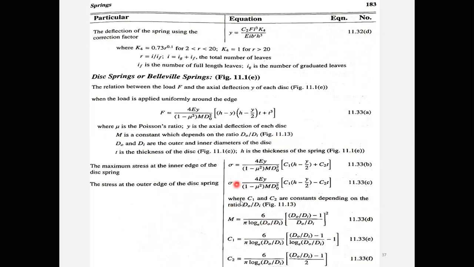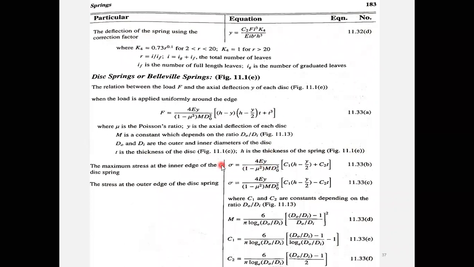Similarly, C1 and C2 are there, which you will be using in 11.33b and c. As you know, d naught and di are the outer and inner diameter of the disc, t is the thickness of the disc and h is the height of the spring.